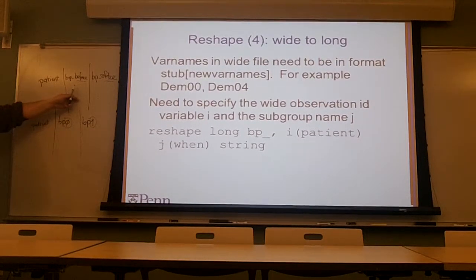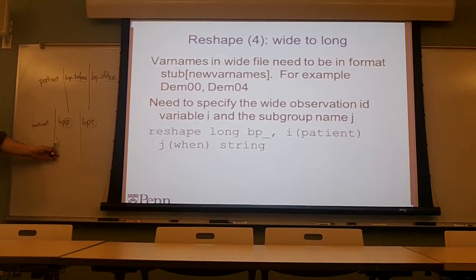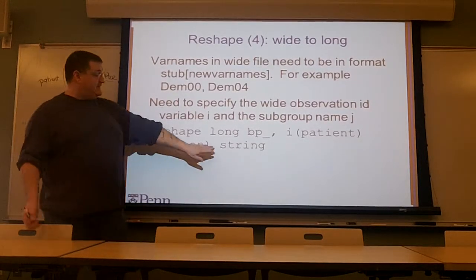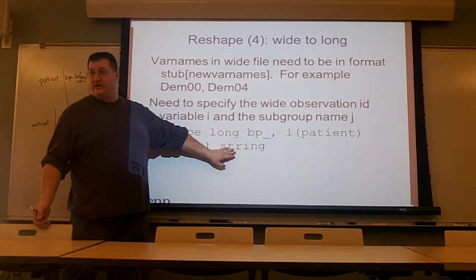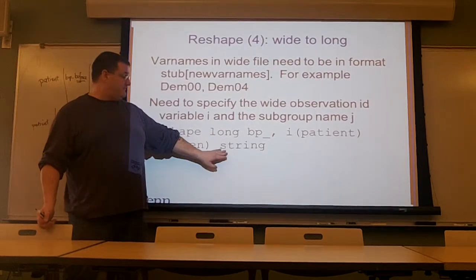Here the suffix is alphanumeric. You with me? So Stata can handle both alphanumeric or all numeric suffixes. But if you're dealing with an alphanumeric suffix, you have to tell Stata that the suffix to the variable that you're dealing with is a string. A string means something that's alphanumeric. Okay?